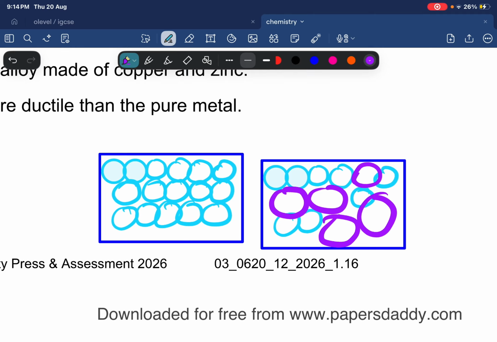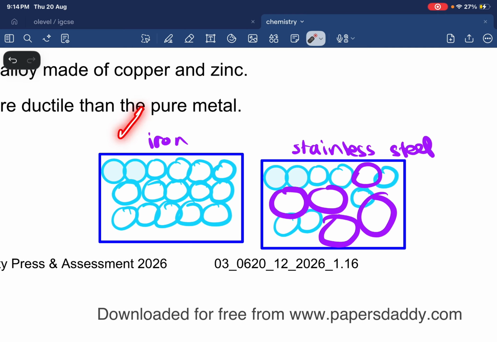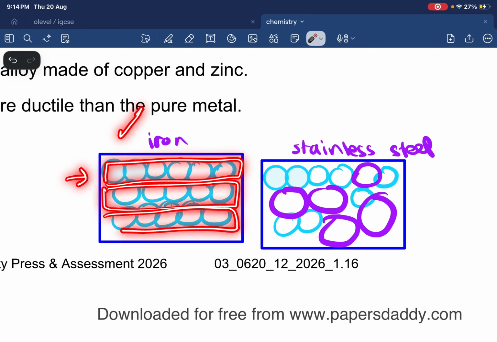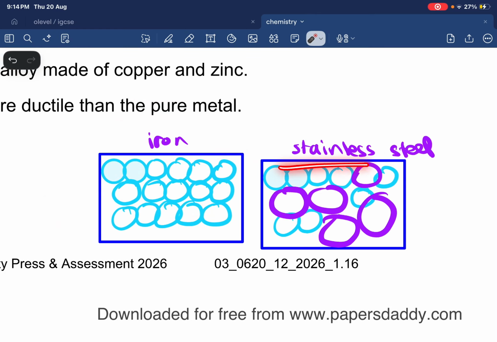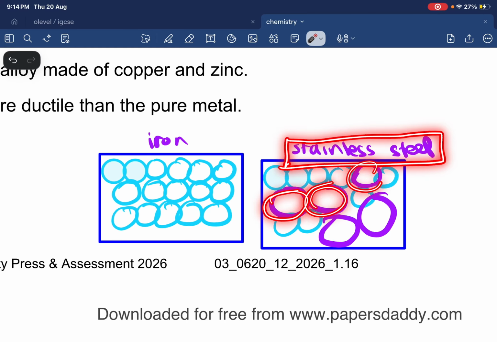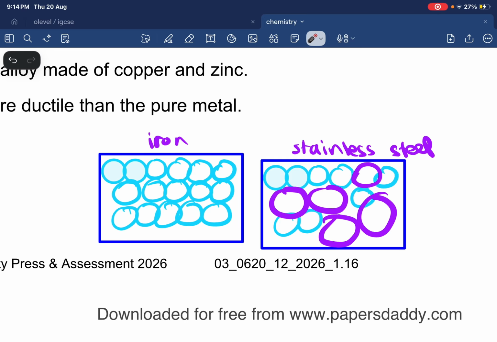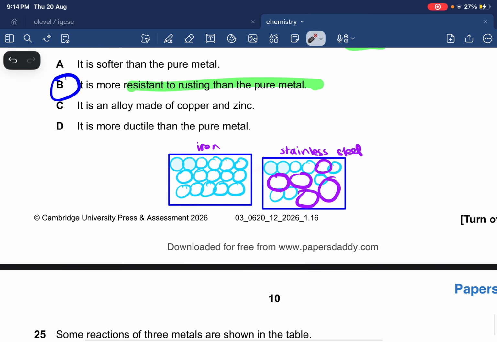Now realize one thing. This is iron and this is stainless steel. So iron is soft, because when you apply force, these layers are going to slide over each other. But stainless steel is pretty hard because you have these different sized atoms. It's going to be difficult for the layers to slide over each other. Got it?